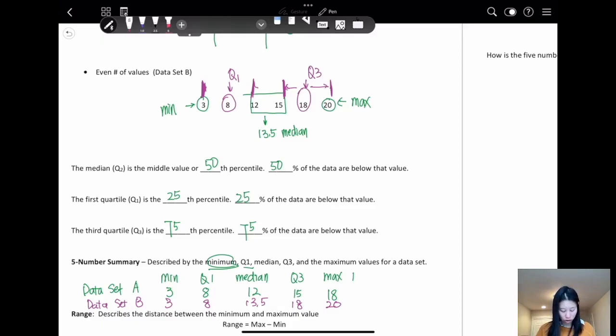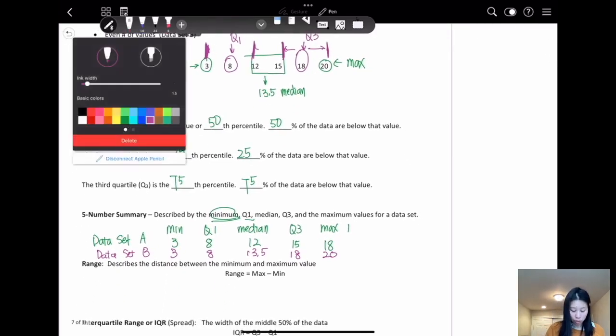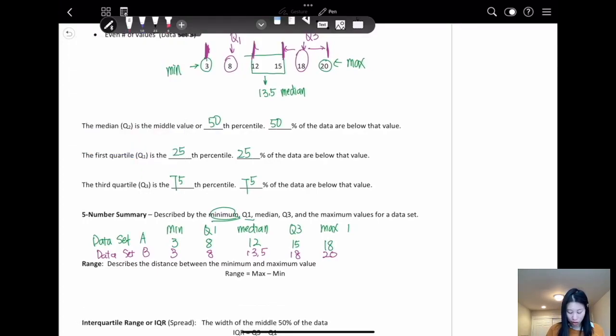Okay, so what's range? Range is described by the minimum and the maximum value. So what's the data range? For data set B, the range equals the maximum, which is 20, minus the minimum 3, which is 17.